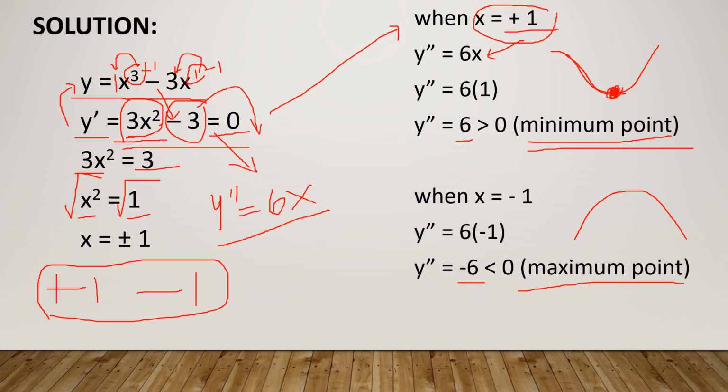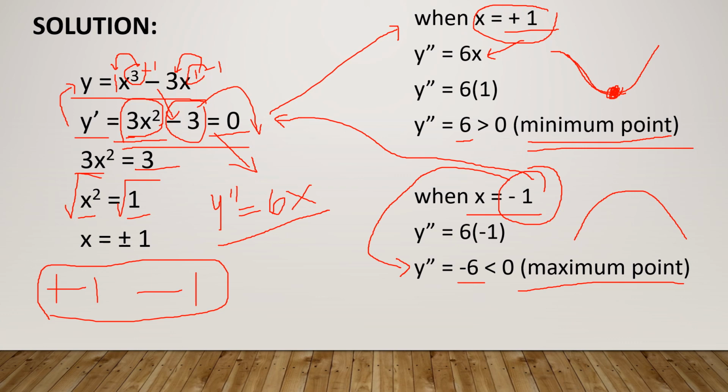So if we're asked to find the value of x that will represent the maximum point, that will be x is equal to -1. Why? Because if we substitute this -1 for x in your second derivative, which is your y double prime, it provides you a negative value. And once we substitute this -1 into your first derivative, it provides you a 0 value of y prime.